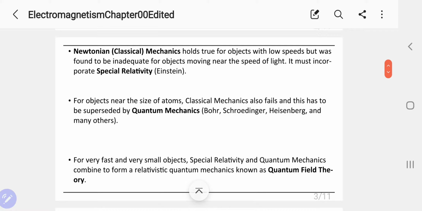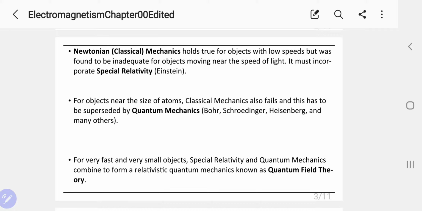So again, Newtonian classical mechanics holds true for objects with low speeds but was found to be inadequate for objects moving near the speed of light. So special relativity had to be incorporated according to Einstein.